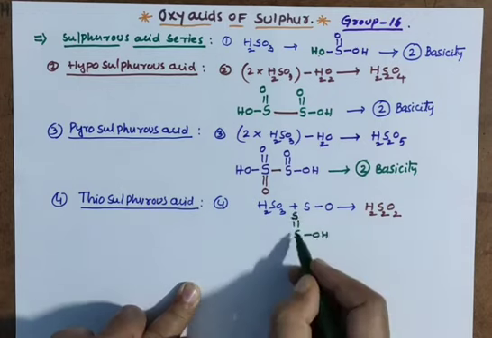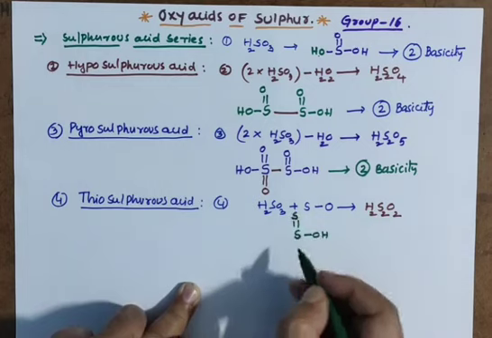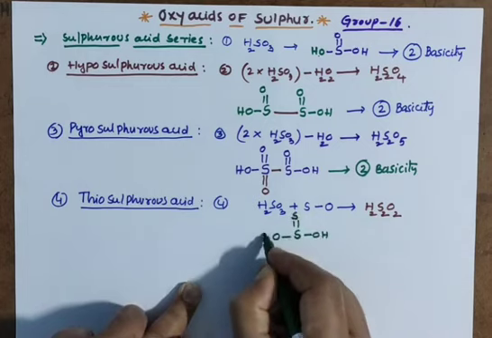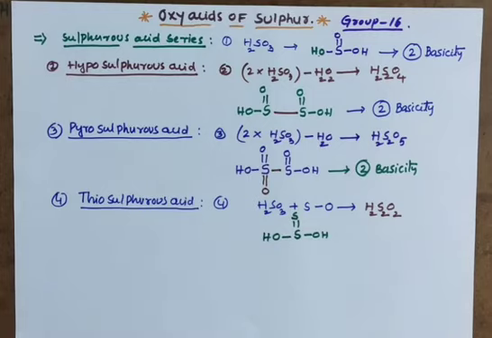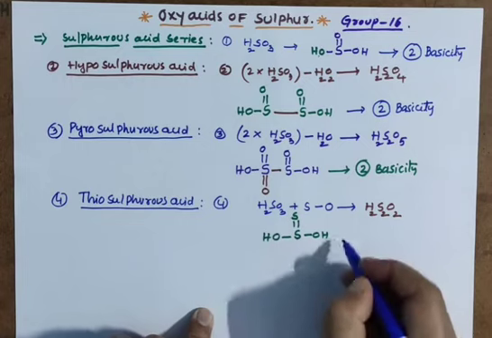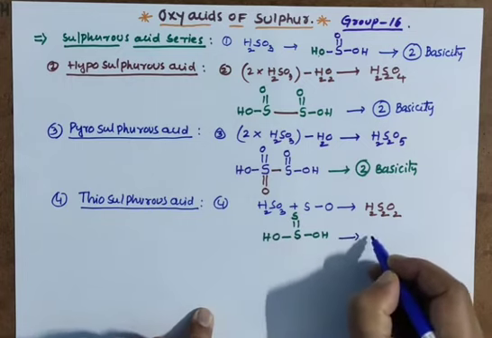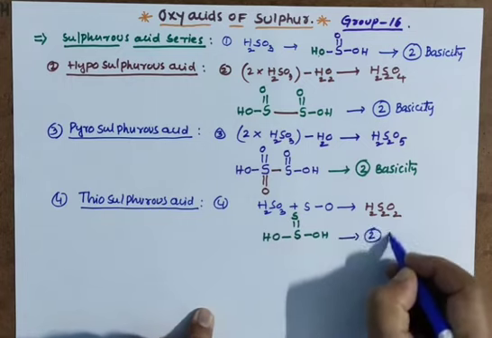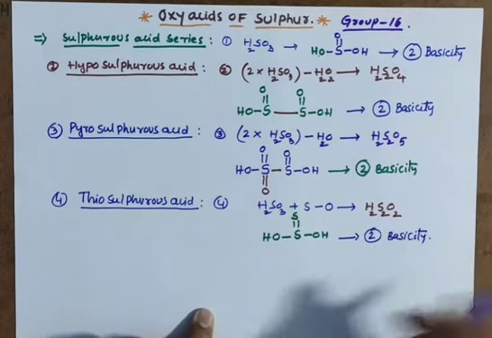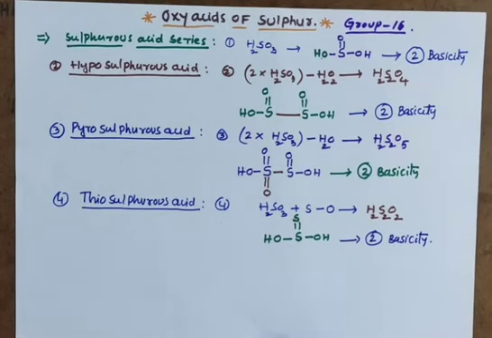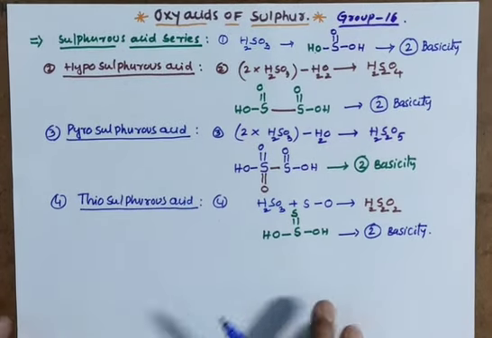Instead of S double bond O, we write S double bond S. Remaining OH group as usual. This is the structure of thiosulfurous acid. How many OH groups are there? 2 OH groups. So basicity is 2. Completed. This is the way to write structure, name, basicity.